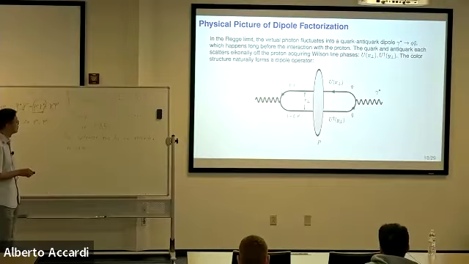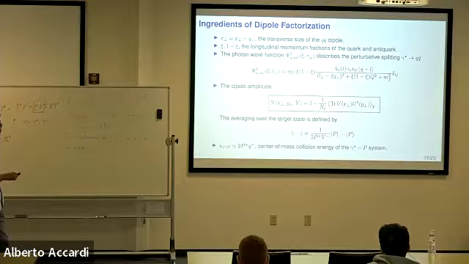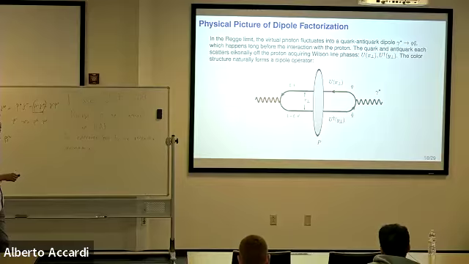I think maybe this picture is better to explain what happens. The photon wave function essentially describes a virtual photon coming in and splitting into a quark and anti-quark. That photon wave function tells you how this splitting happens. Once the splitting happens, your quark and anti-quark will scatter with your proton eikonally, using that eikonal propagator.